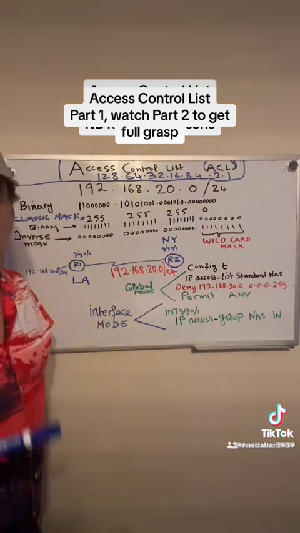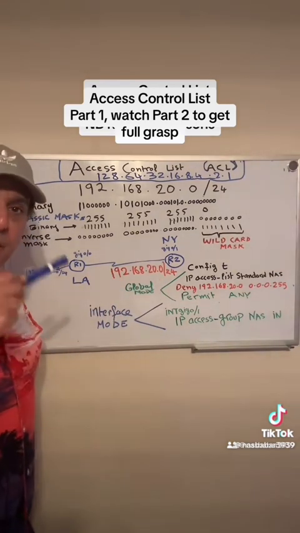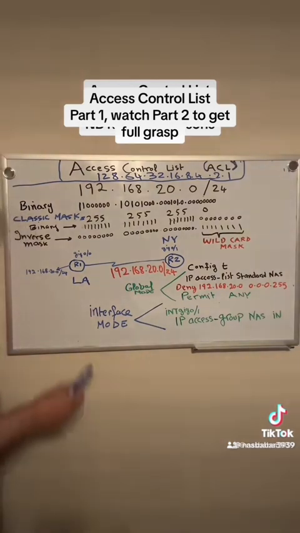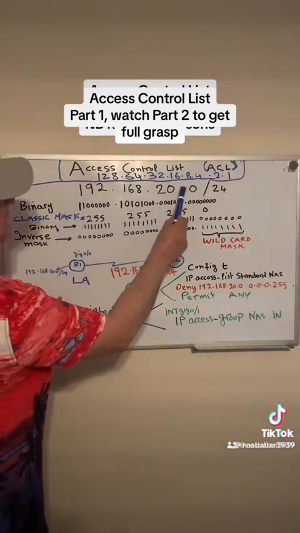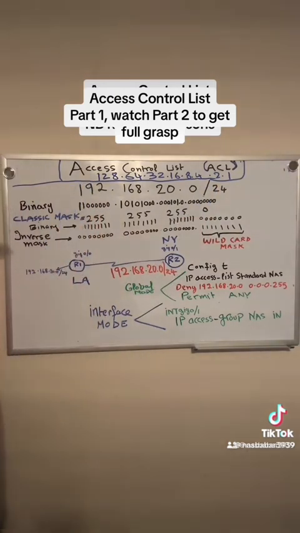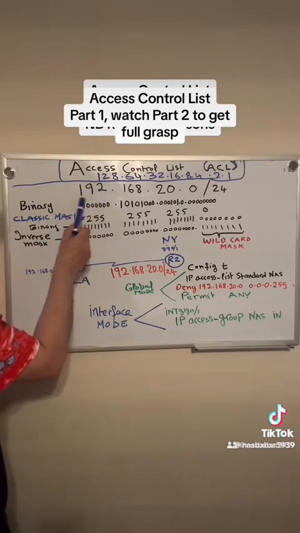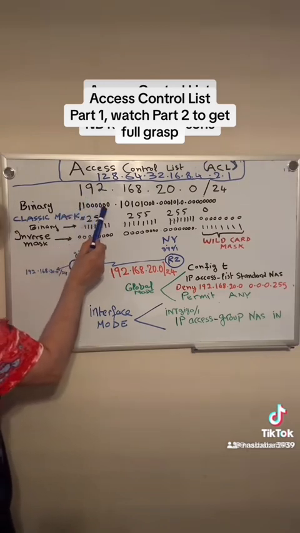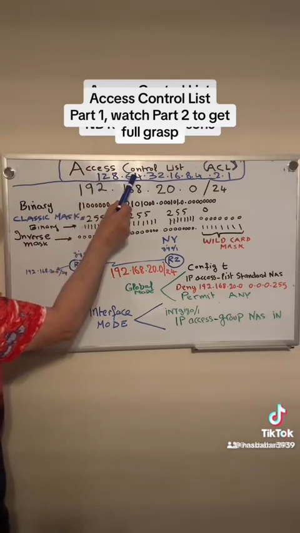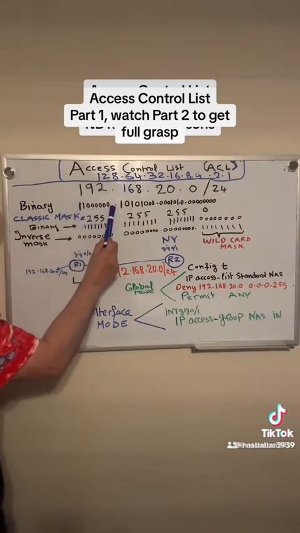Now, in order to understand what goes on in the background, we need to take a look at this. We have 192.168.20.0/24. I can convert this 192 into binary form. When I convert it, it's 11000000, as you can see in my reference list: 128 plus 64 is 192, and the rest are zeros.